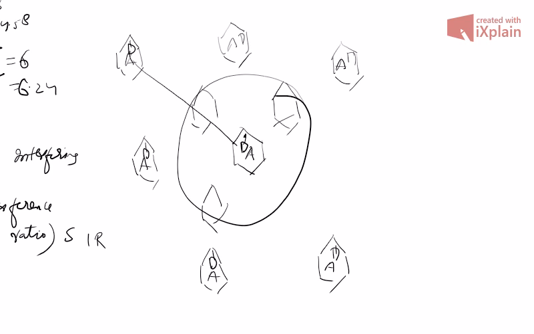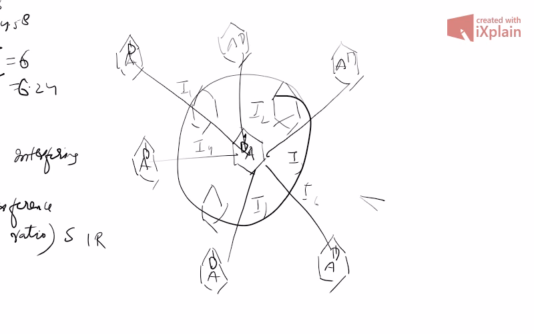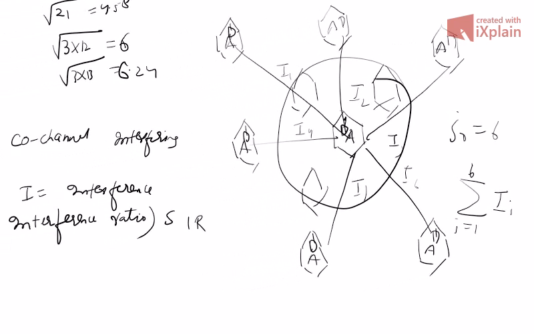So let's say this interference is I1, this interference is I2, this interference is I3, this is I4, this is I5, this is I6. So total interference will be the summation of this, right? And 6 is the I0. I0 is equal to 6 here. I am just showing it as an example. There are 6 co-channels here.